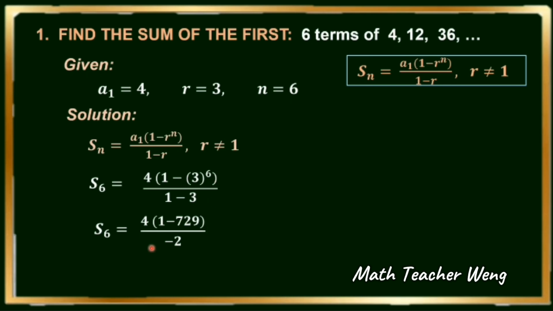Now 4 is divisible by negative 2, so we divide. Thus, S sub 6 will be equal to 4 divided by negative 2, which is negative 2, and then inside the parentheses, we have 1 minus 729, so that is negative 728. Multiplying these two, the final answer will be positive 1456.